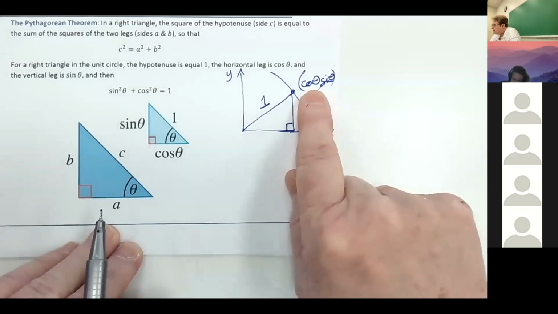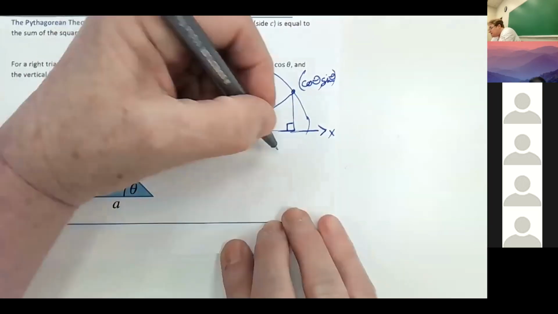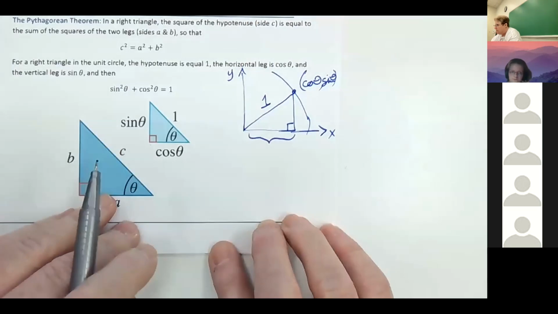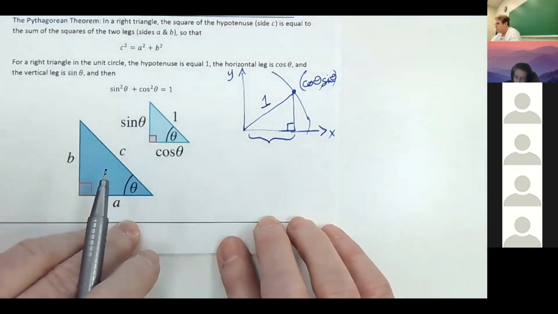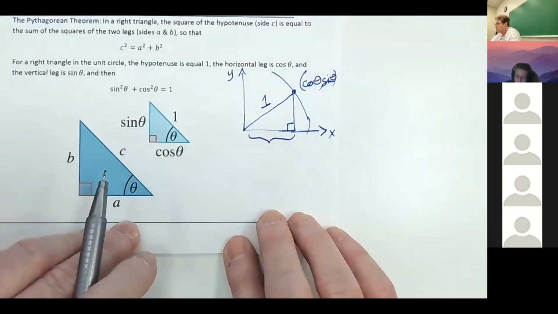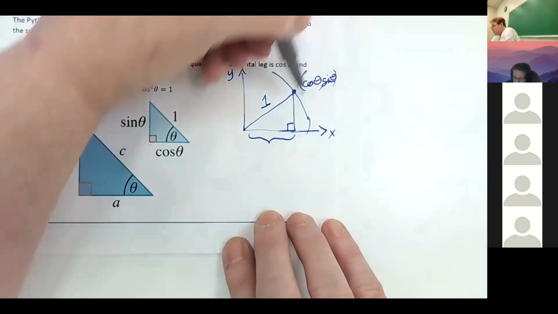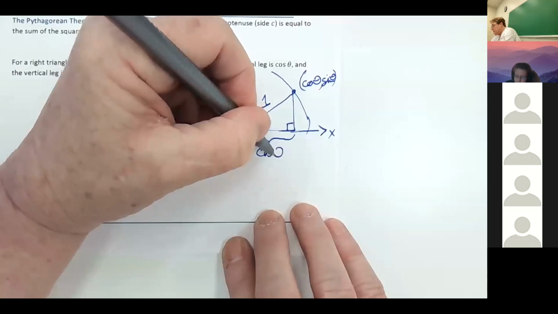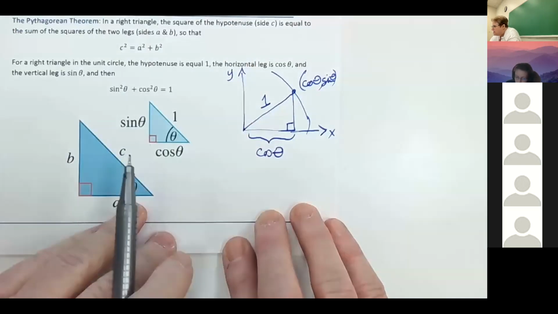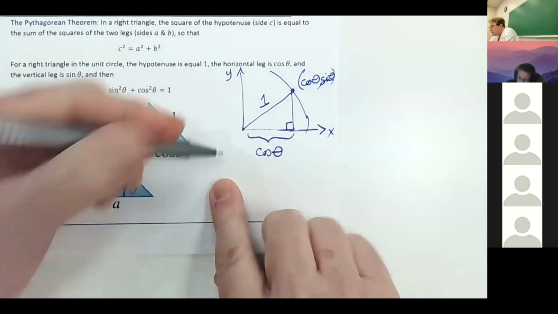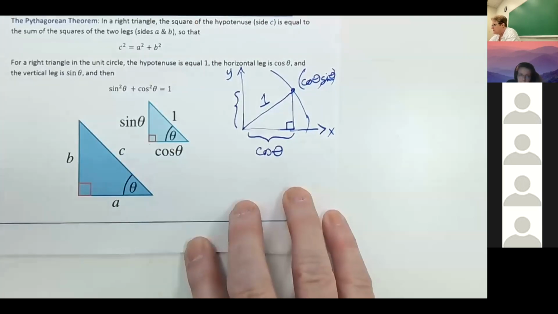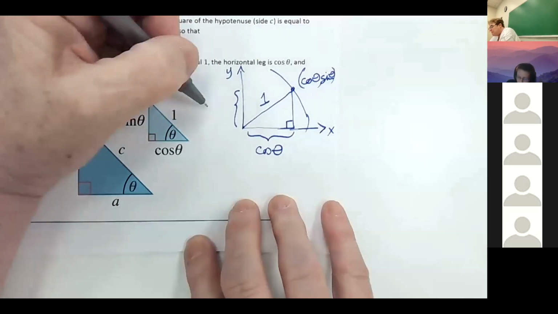If x is cosine theta, what is this base? It's just the distance in the x direction. What is the distance in the y direction? Good.